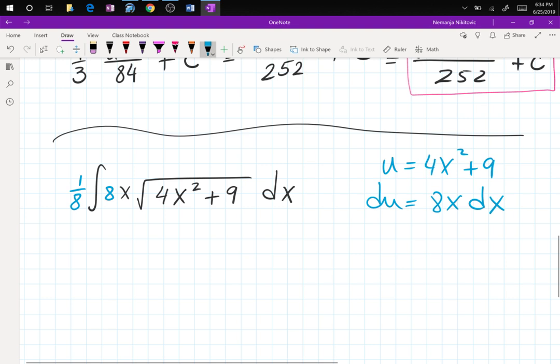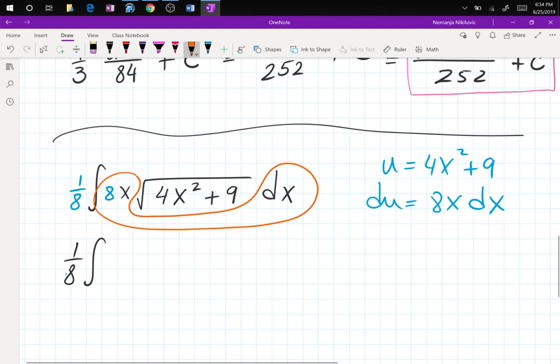So if you need a constant which you don't have, you can just plug it in and then balance it out on the other side. So now you have 1 over 8 integral, and now in this orange peanut over here, you have your 8x dx. Do we all see that?